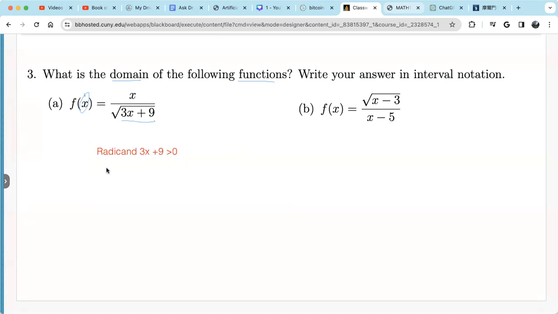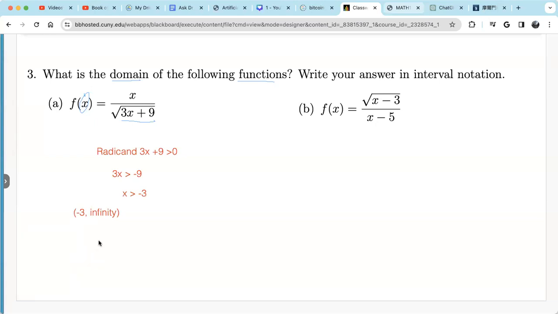All right, then we solve this inequality. We move 9 to the other side of the inequality, it becomes -9. Then we divide by 3 on both sides to get x greater than -3. We are asked to write in interval notation. So that means open parenthesis starting from -3 up to positive infinity. I don't have the sign, so I'm writing it in words. And that's the domain of the first function.